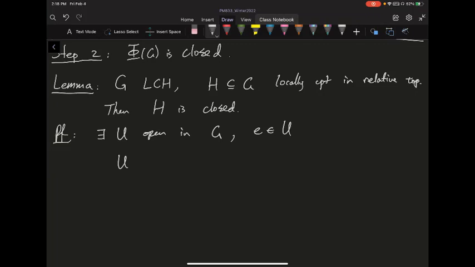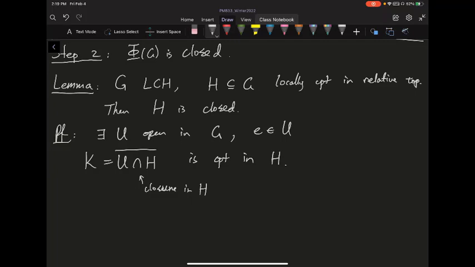Then U intersect H is going to be an open set inside H. And by the local compactness, I can take the closure inside H, so let's call it K. That's going to be compact inside H.